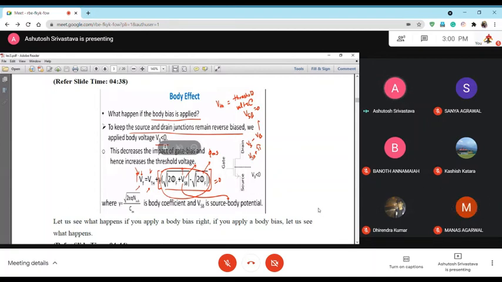If you apply a particular bias on the body, it will surely change the threshold voltage, and since it changes the threshold voltage, we can manipulate the threshold voltage.